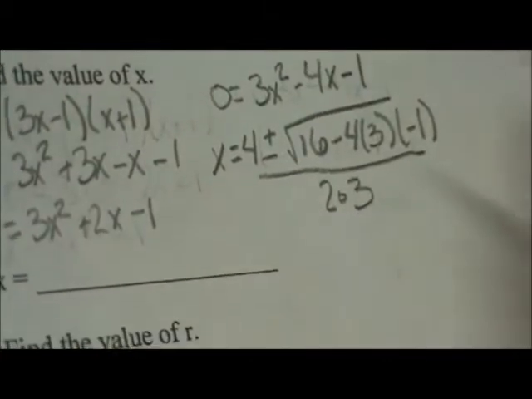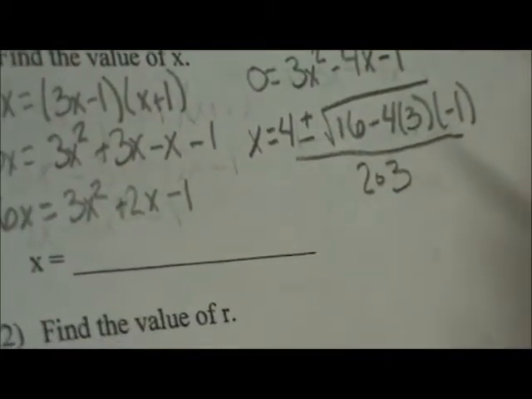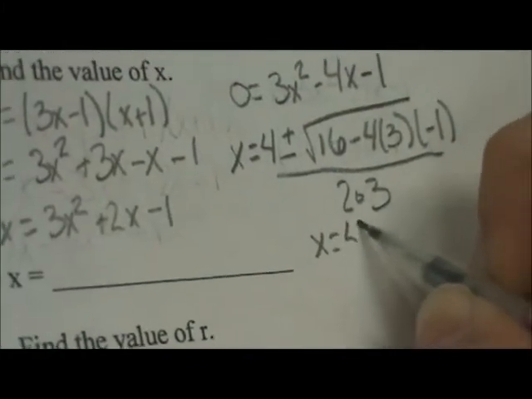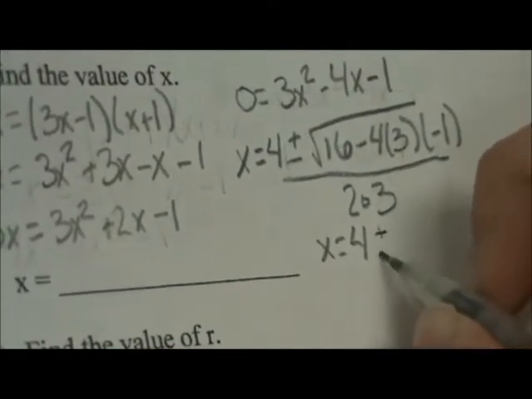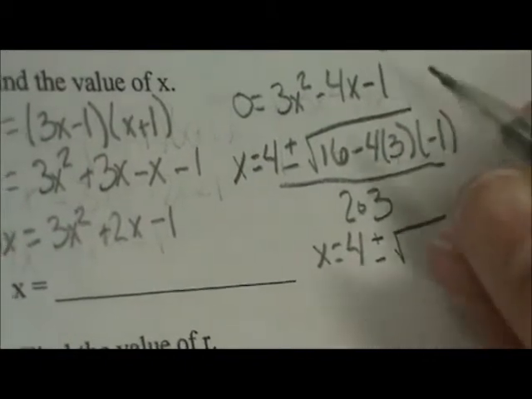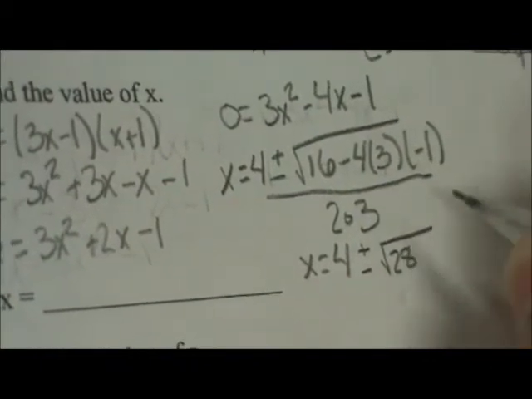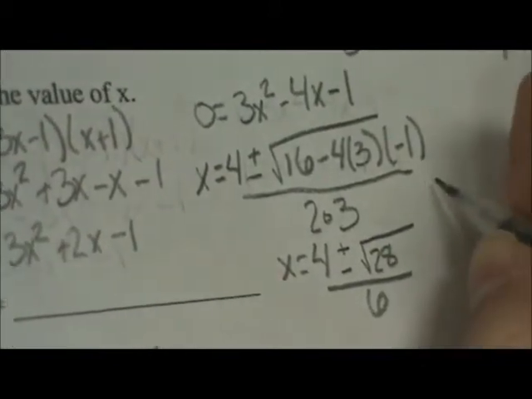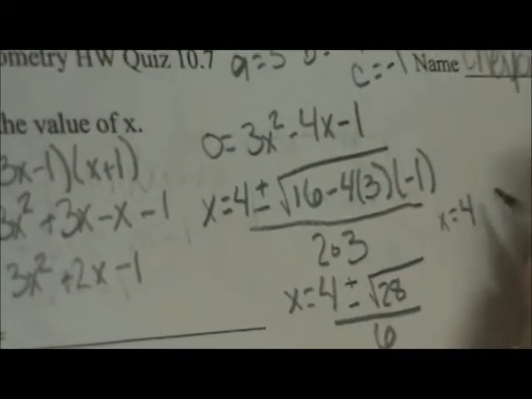So then you need to multiply all of them. So you get x is equal to 4 plus or minus the square root of 28 all over 6.